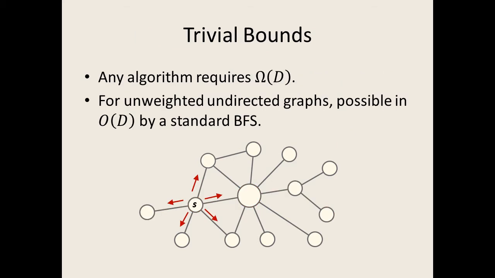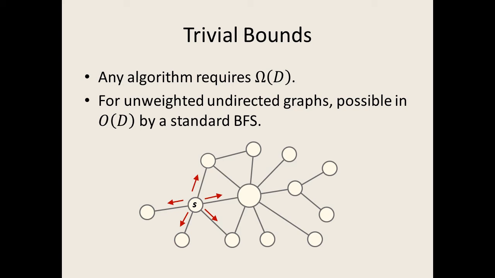This parameter is important as it characterizes the complexity of many problems in this model. For example, it is very easy to show that Omega(D) is a lower bound for the SSSP problem, and that for undirected unweighted graphs this lower bound can be easily matched by performing a standard BFS.